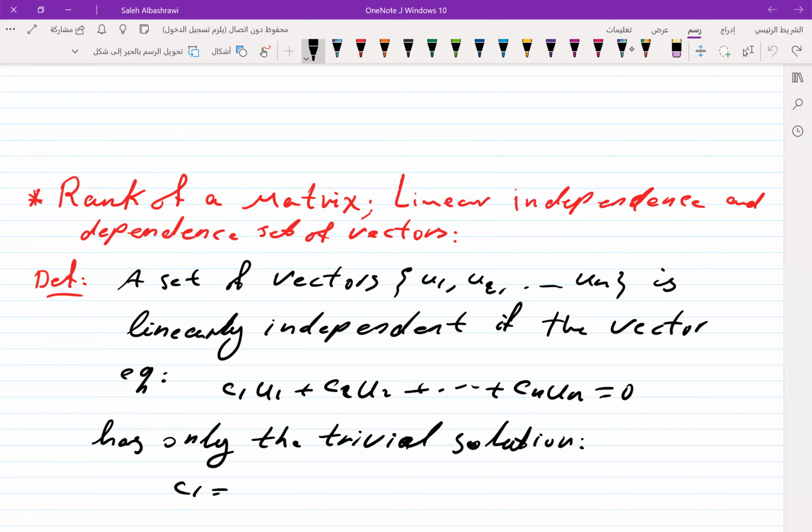That is, c1 equal to c2 equal to up to cn. All of them are equal to 0.